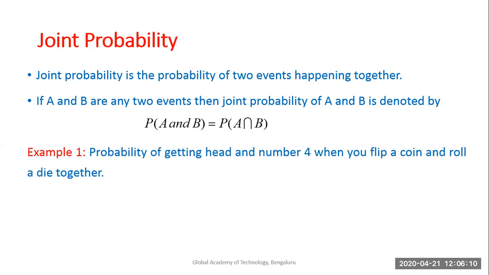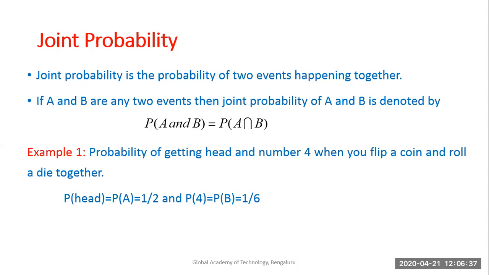For example, the probability of getting head and number 4 when you flip a coin and roll a die together. The probability of getting head, if I denote it by event A, P of A will be 1 by 2.